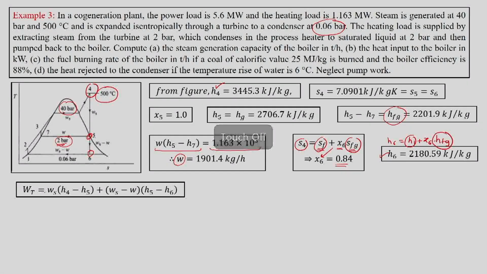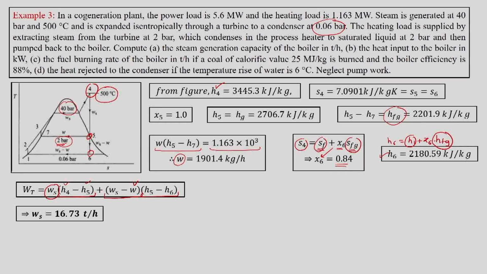So, turbine work is equal to the total amount of steam getting expanded and losing its enthalpy from 4 to 5, before passing Ws amount of steam for process heating. So, W minus Ws amount of steam is getting expanded from H5 to H6 enthalpy drop.